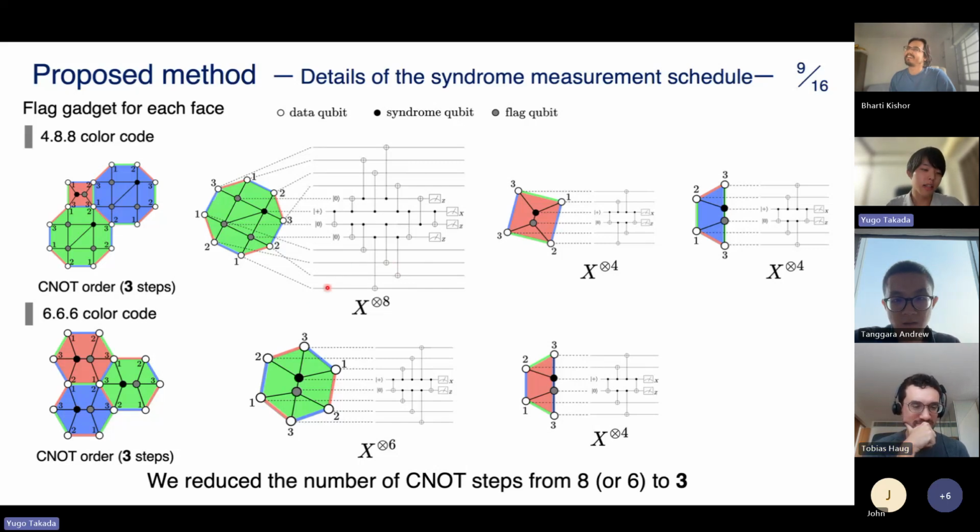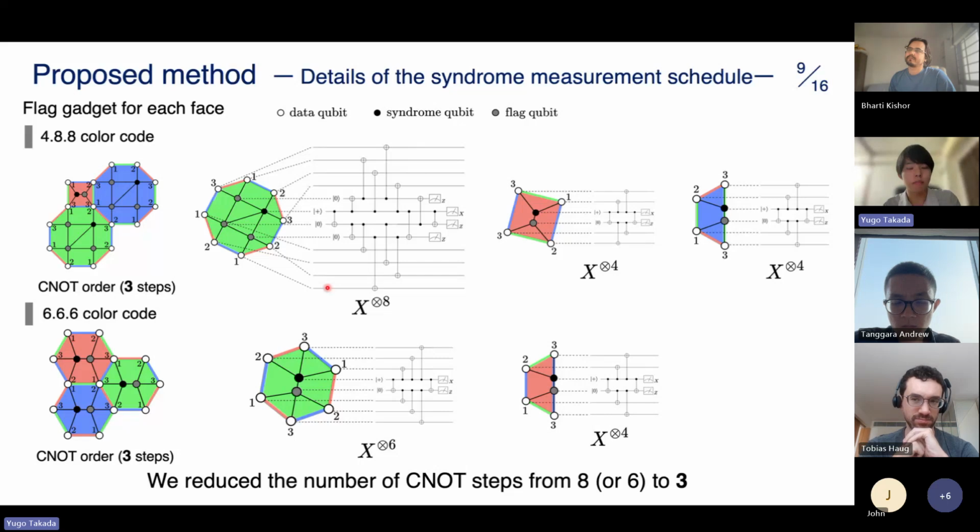I think the 6.6.6 is better. Until a few years, or like 10 years ago, people were considering that in the 6.6.6 color code, we cannot implement the phase gate transversally.